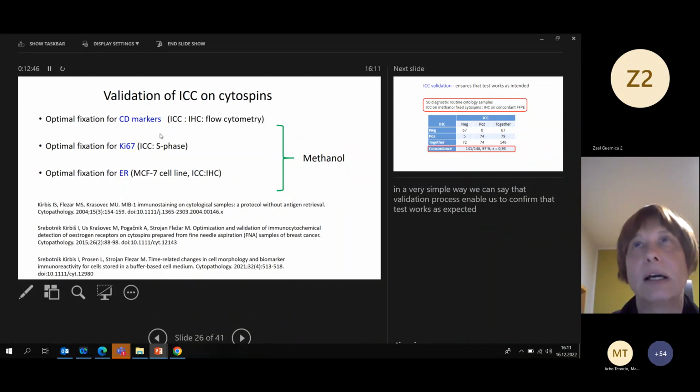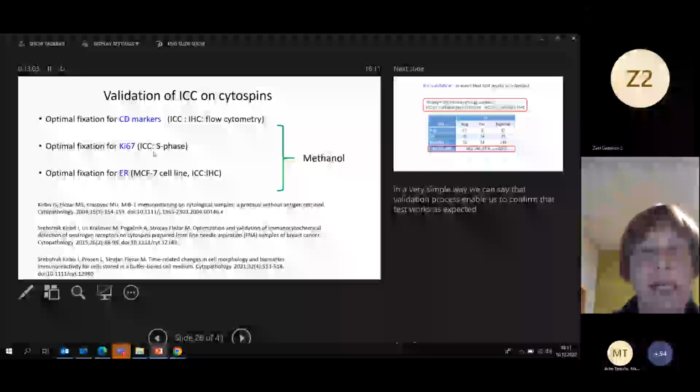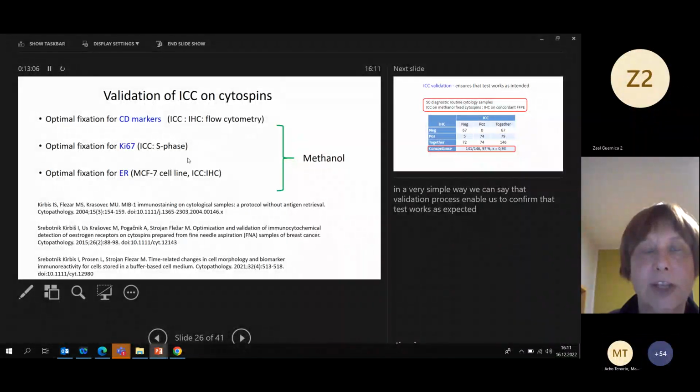So in all our future procedures, we omit any air drying before or after fixation. The second big validation was done for Ki67, where we compared ICC results with S-phase fraction determined by flow cytometry.